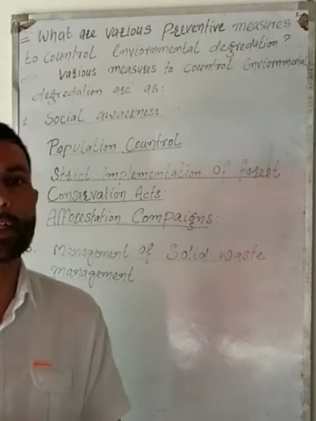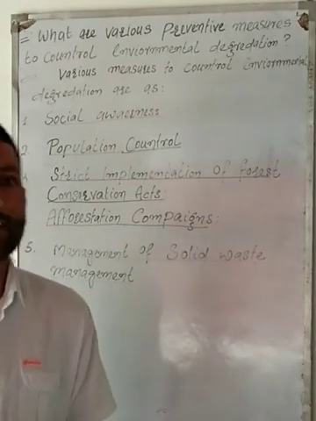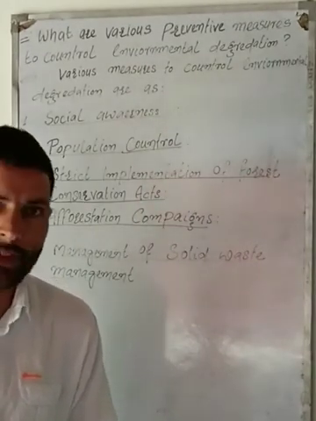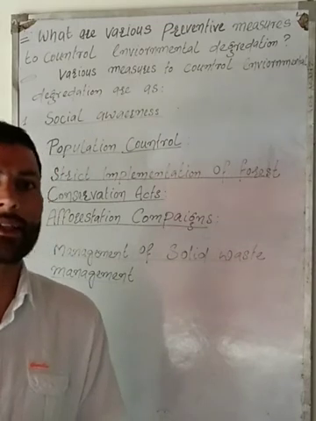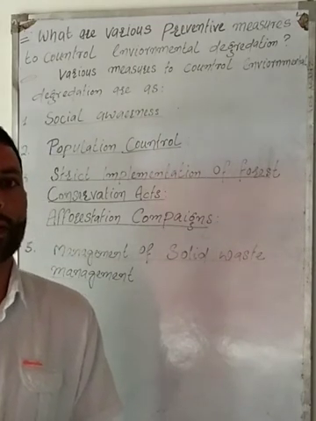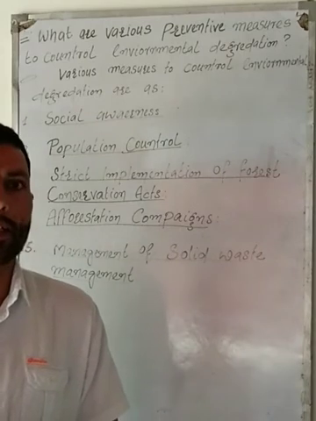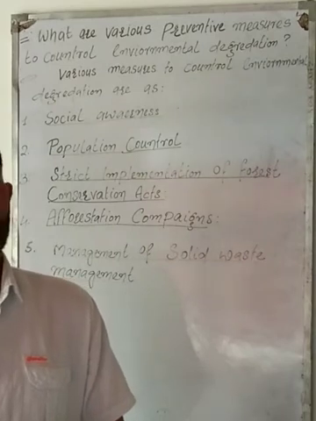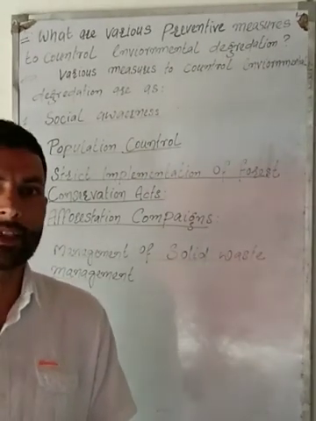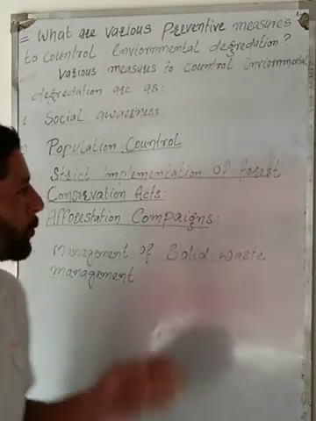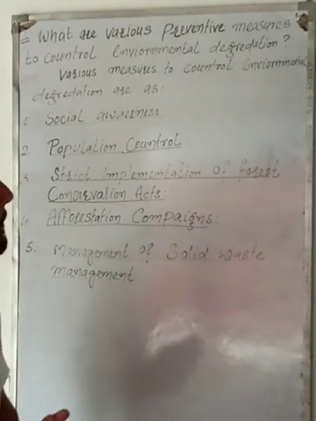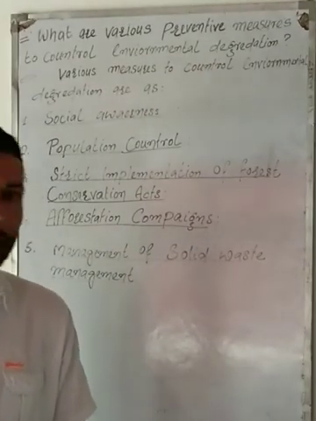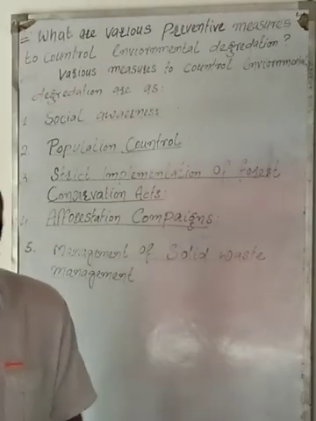Each and every aspect of environment holds the key in its own sphere, and each and every component of environment needs to be safeguarded and protected for the smooth and safer life of all the organisms on this planet Earth. So with these points, our topic of environmental degradation, its causes and its preventive measures comes to an end.